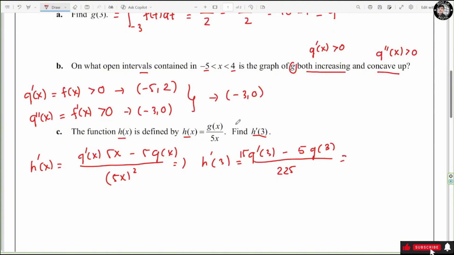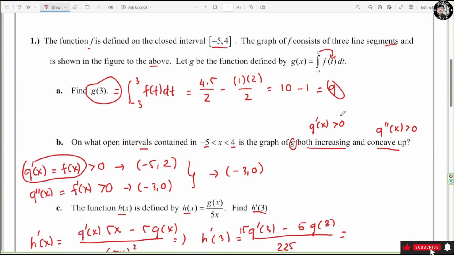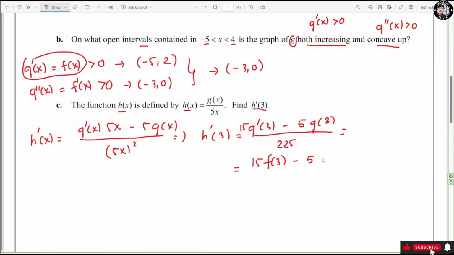So we're going to find the value g prime of 3. Go back over here. g prime of s equals f of s, so g prime of 3 is actually f of 3, minus phi prime g of 3. g of 3 we just calculated right here. It's going to be 9, so times 9, over 225.